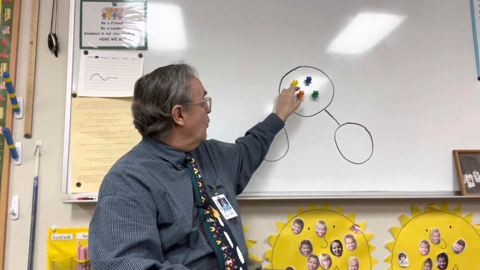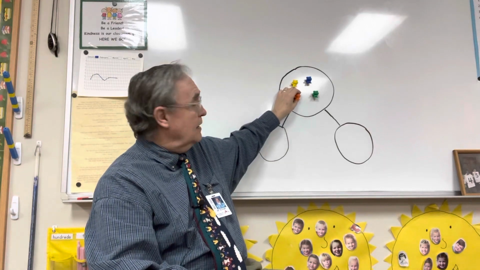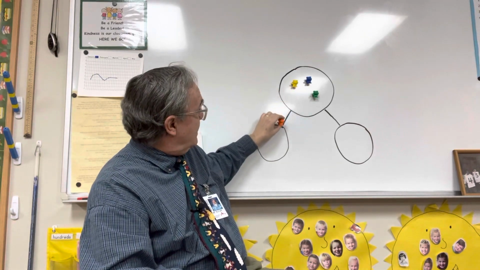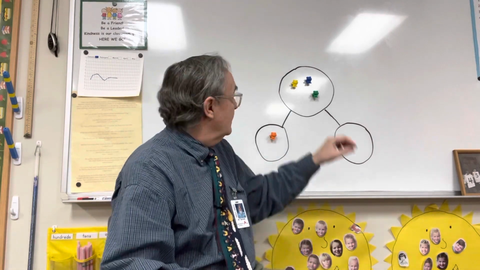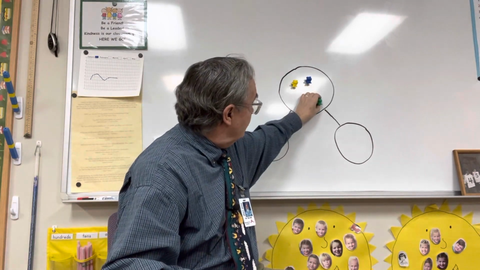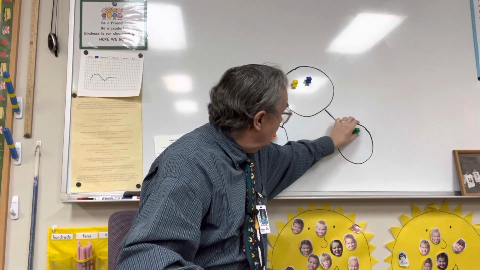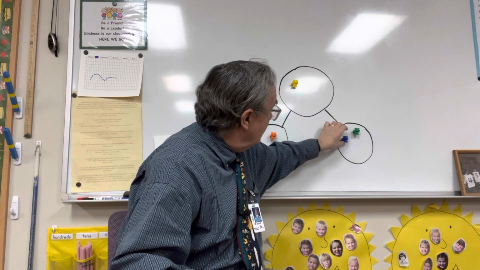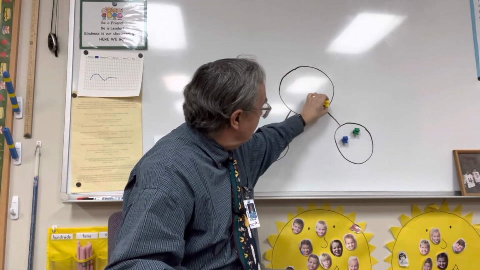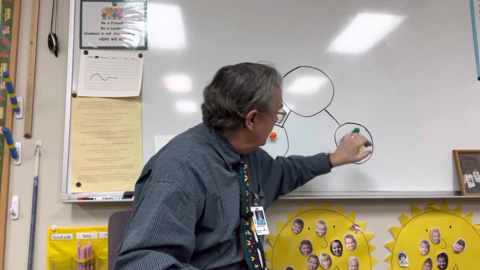Now, this orange bear right here, he's going to follow the path into this circle. And then this guy is going to follow the path over here. His brother's going to follow it over here. And his sister's going to follow this path as well over to this one.